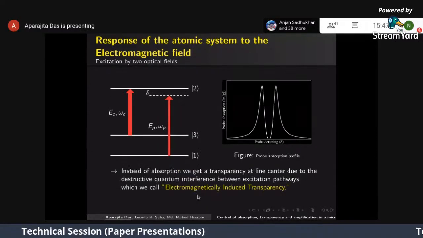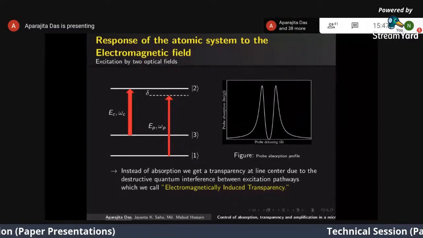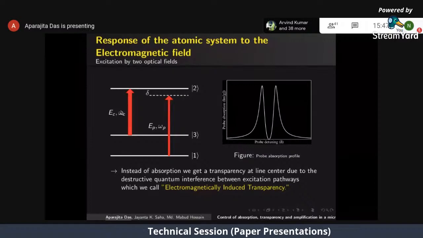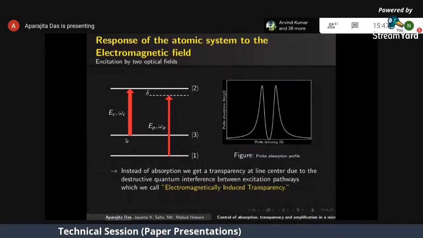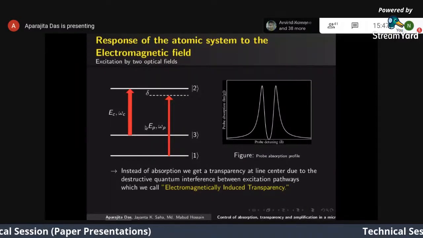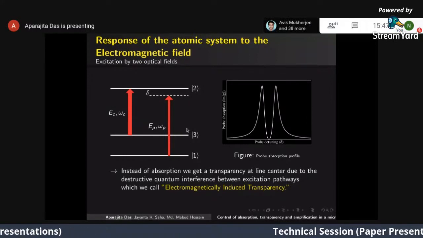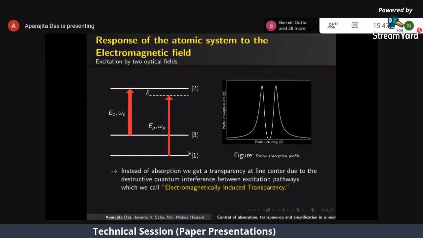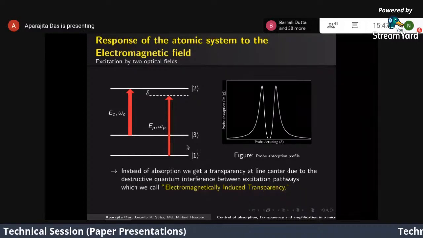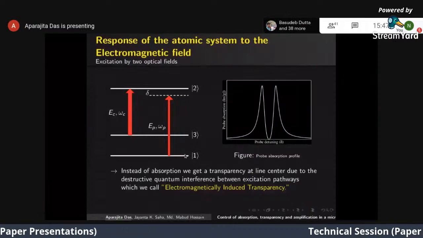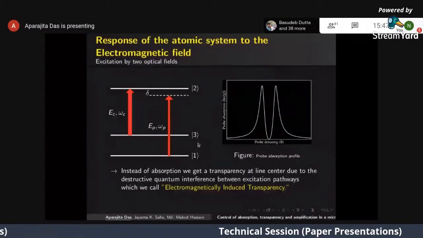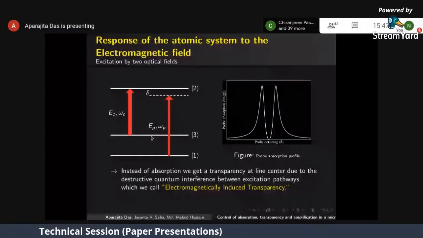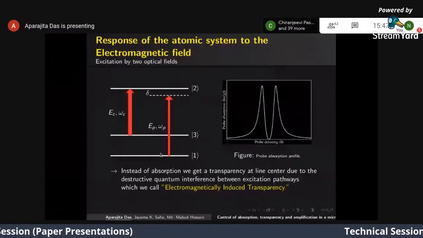Next, we are shining this atomic system with another electromagnetic field, which we can call a probe field. This field is resonant to the transition between these two states, provided that state 1 and state 3 are electric dipole transition forbidden states, but magnetic dipole allowed transitions may occur between these two states.